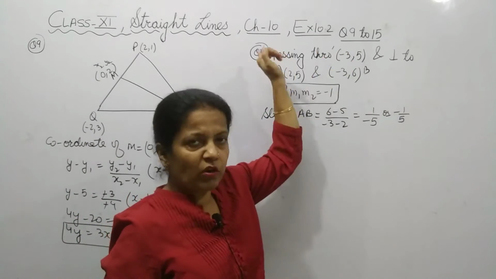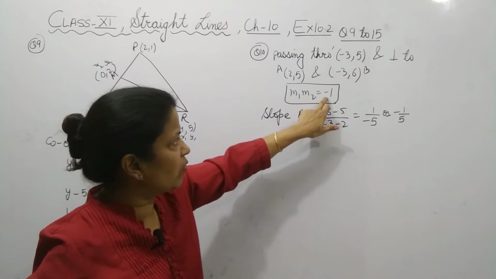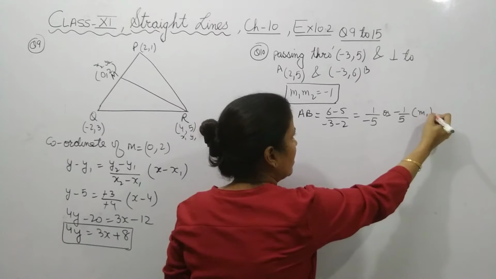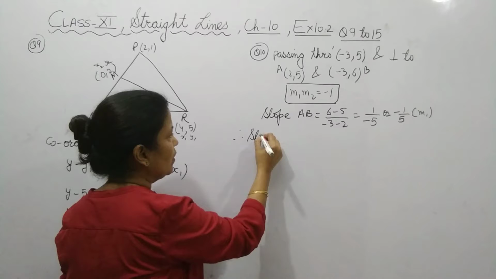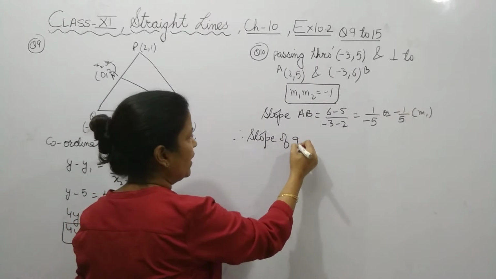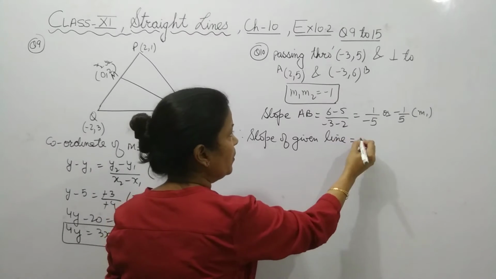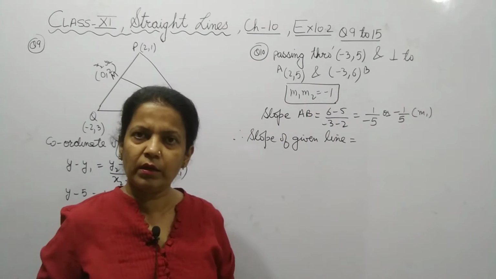So what should be the slope of the given line? Use this formula: m1 times m2 equals minus 1. You can consider this as m1. So the slope of the given line, what should it be? m1 into m2 equals minus 1.